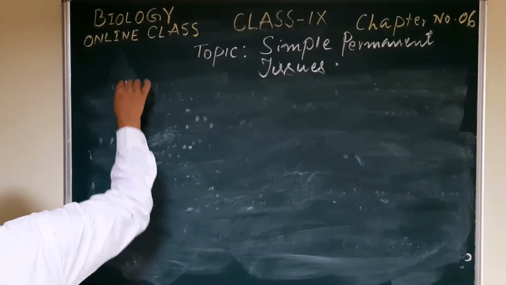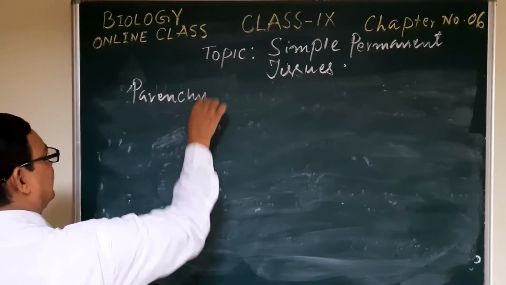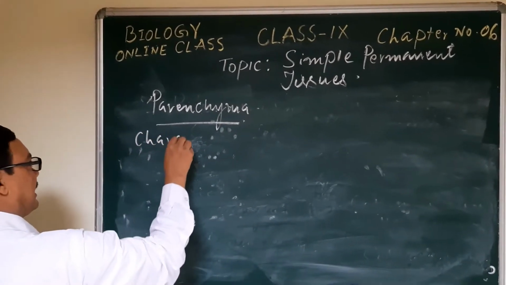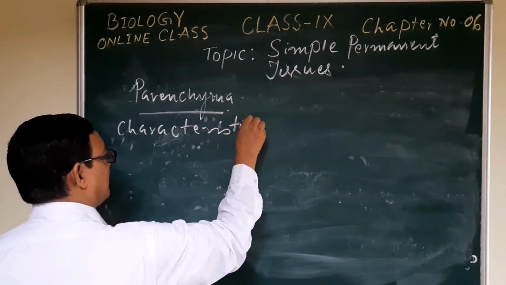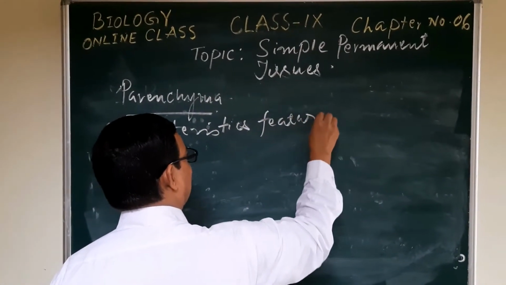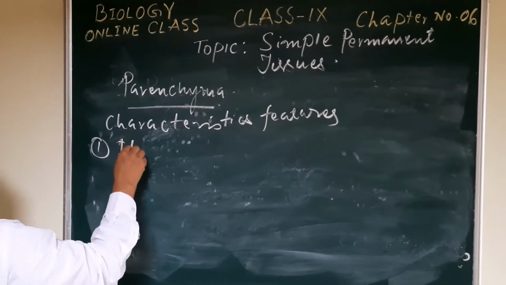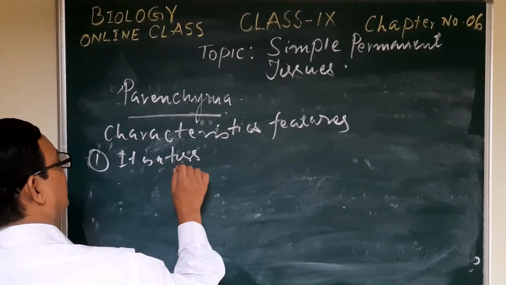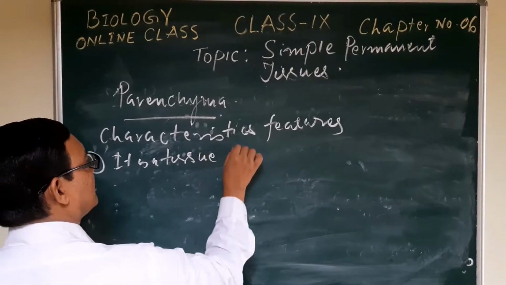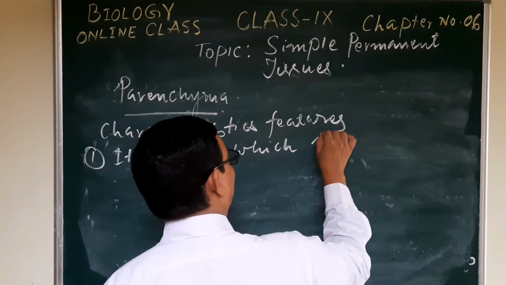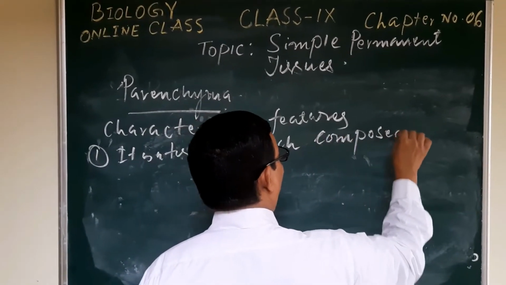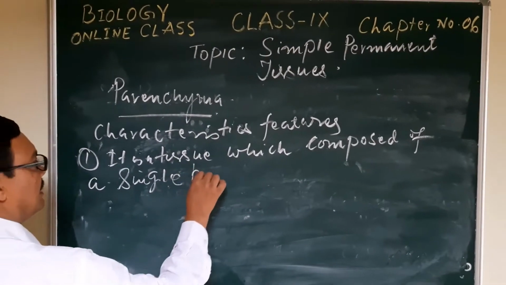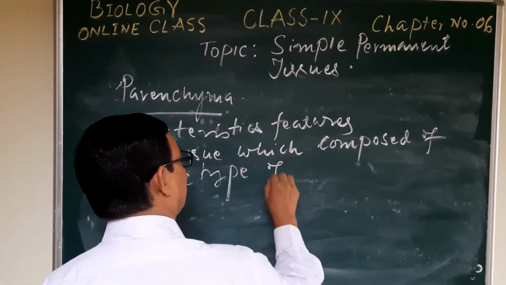If you talk about its characteristic features, then you can write parenchyma characteristic features like number 1, it is a tissue which is composed of a single type of cell.